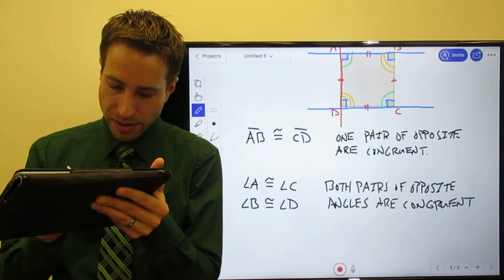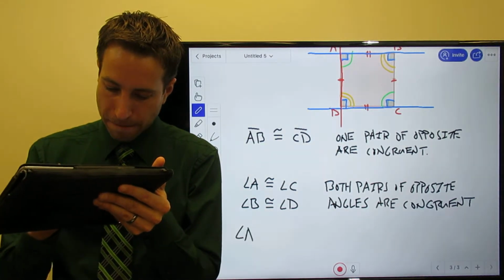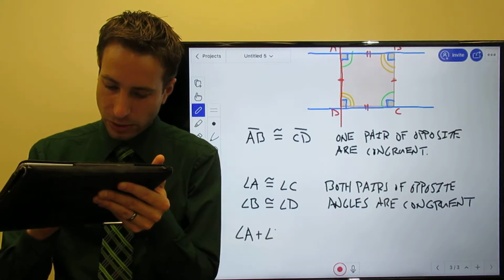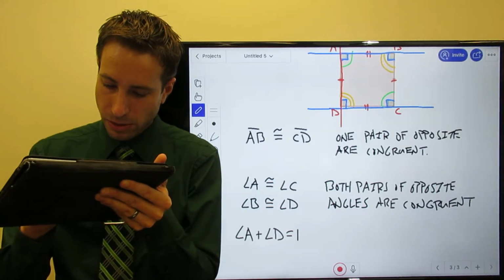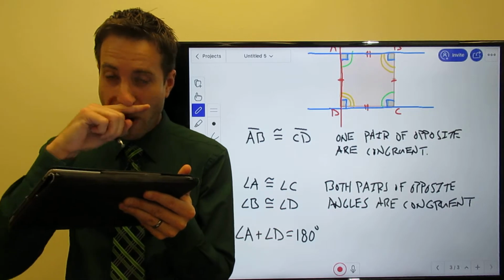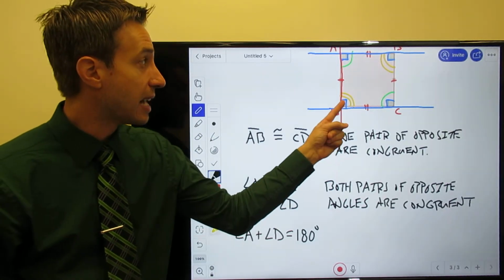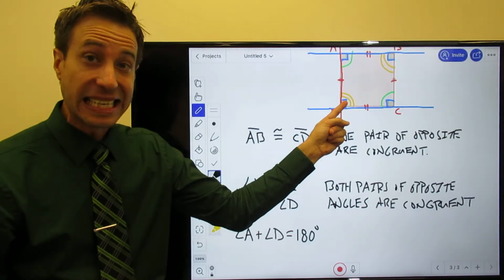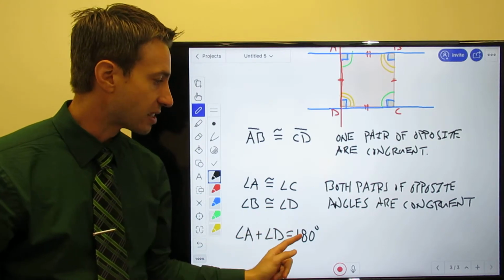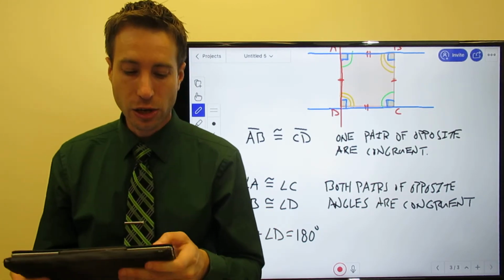I know that angle A plus angle D sums to 180 degrees. A is 90, D is 90, 90 plus 90 is 180.